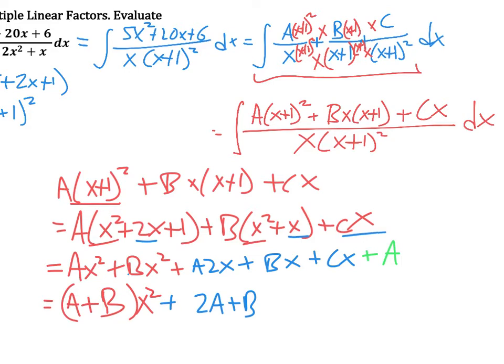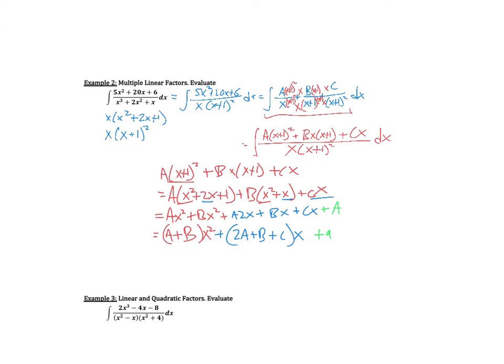Don't forget the c. Plus c. And then we've got our plus a. All right, and this thing needs to be equivalent to this expression up here, right? Because the numerators are all equivalent, right?